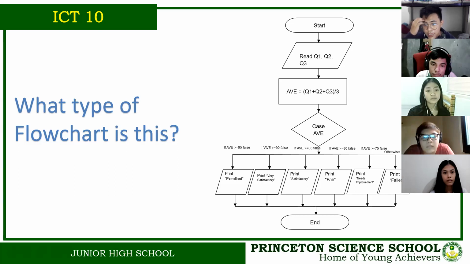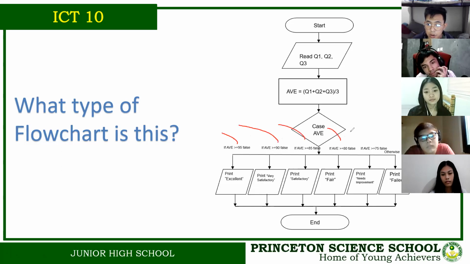Whereas in case structure, we are following certain conditions, and regarding those conditions, we will have a certain output. In here, we have first case, second case, third, fourth, fifth, and sixth.